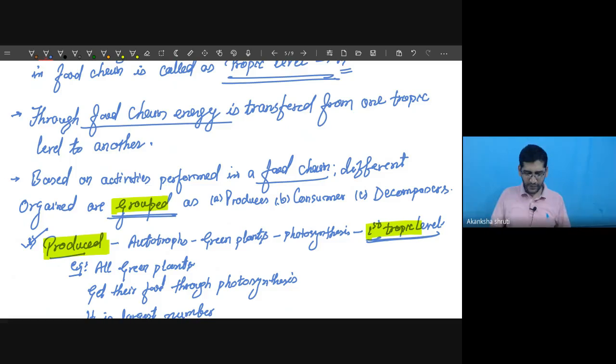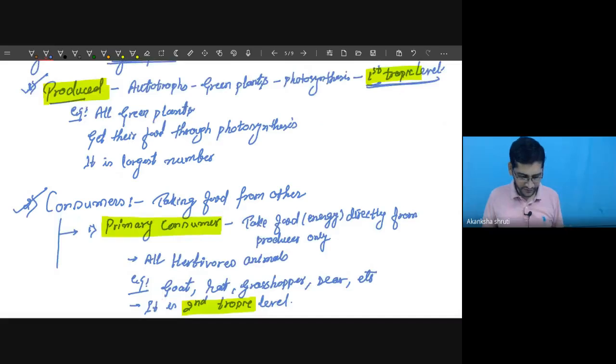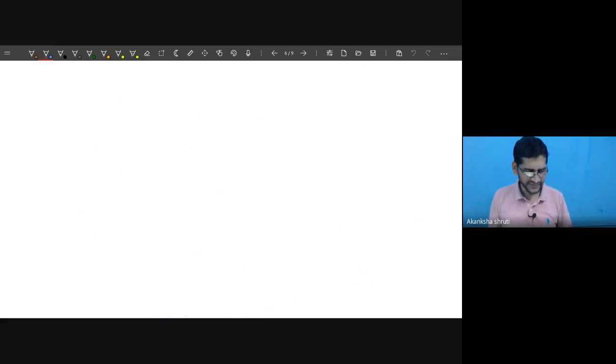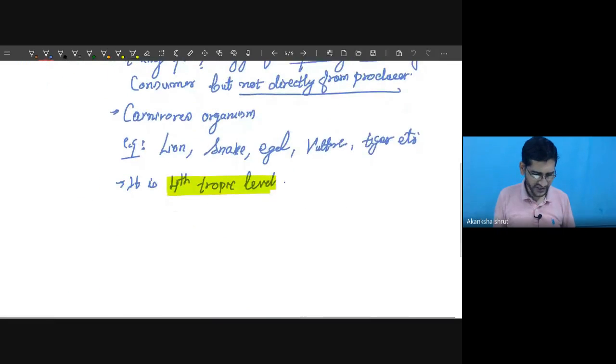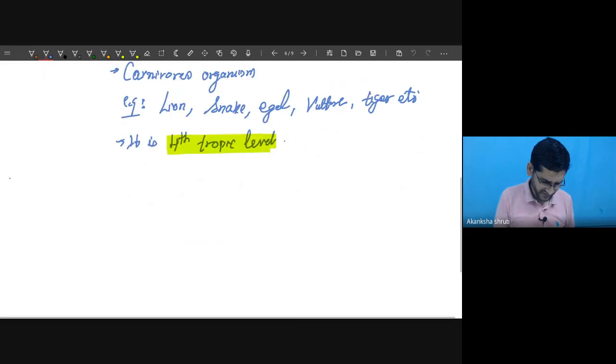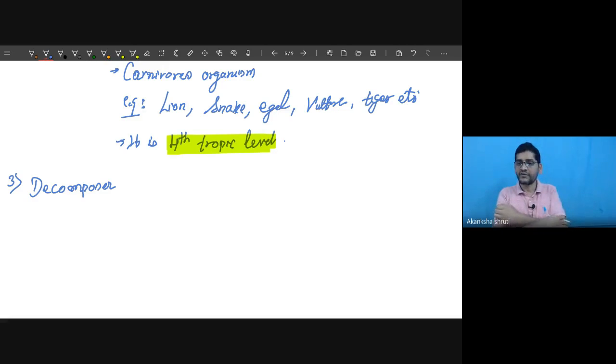So what are these decomposers? Decomposers are a group of organisms, or we can also say it is a particular kind of consumer itself. So write down the decomposers. The third one is called decomposers, because the question was asked what is the importance of decomposers.